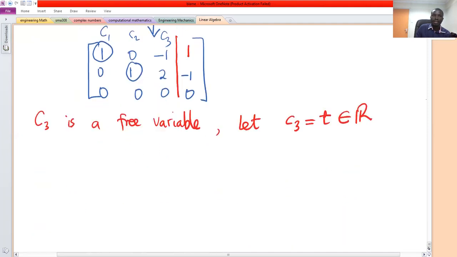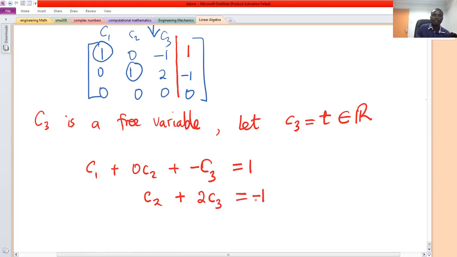Now from this one, we have C1 plus 0 C2 plus minus C3 equals 1. And this other one tells us that C2 plus 2 C3 equals negative 1.